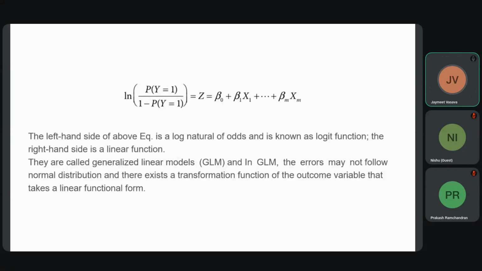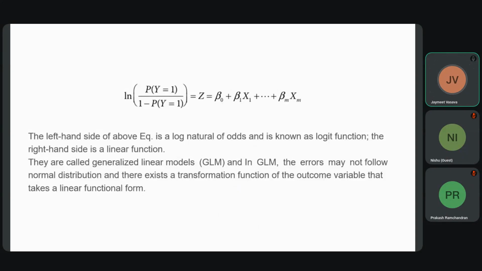Now, the log odds that I mentioned before, this is what the expression would look like mathematically. So log of the probability of an observation belonging to a class, which is y equals 1, as discussed earlier, divided by 1 minus the probability of y equals 1, or this can also be said as the probability of belonging to a class divided by the probability of not belonging to a class.